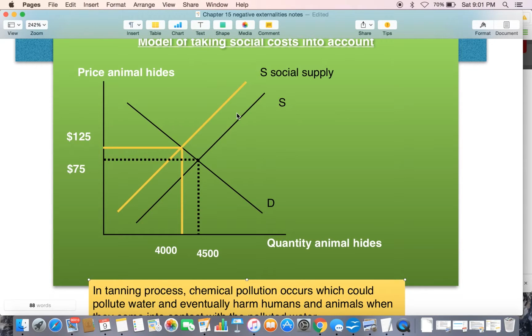So if they are polluting it, they would then have to take measures that would make it so that no traces of the chromium are reaching the part of the river that is downstream from them, that is not on their property. By defining those property rights, they probably would have to employ technologies which would cost them money and increase their production costs, lowering the profitability for firms in the industry.